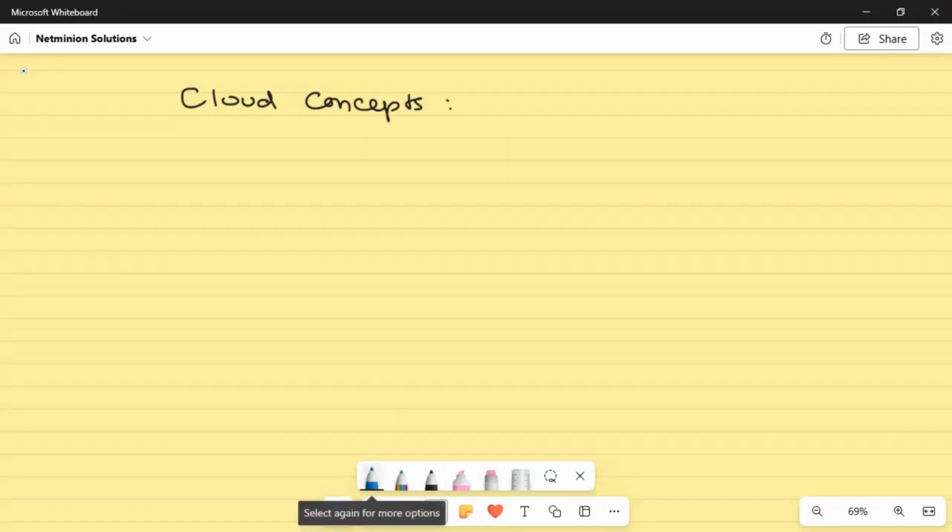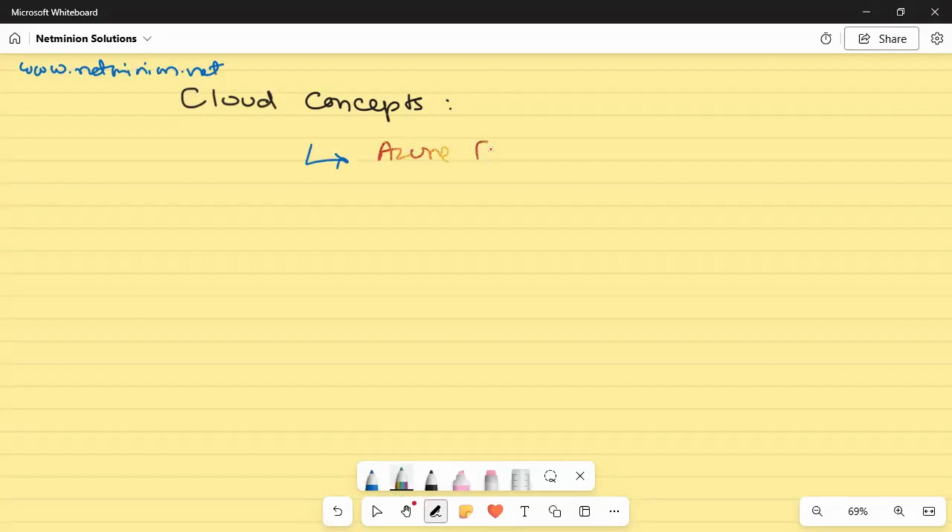In this cloud concepts unit, the very first objective is what is Azure fundamentals. And Azure fundamentals is a very basic course or certification named AZ-900, which I already talked about. It covers the cloud computing platform with an ever-expanding set of services.